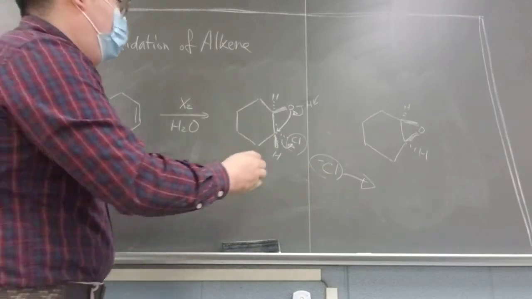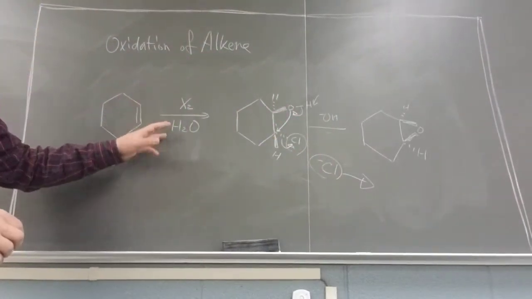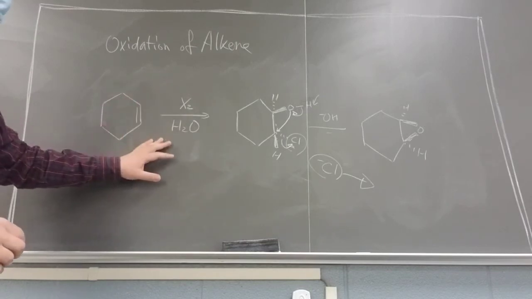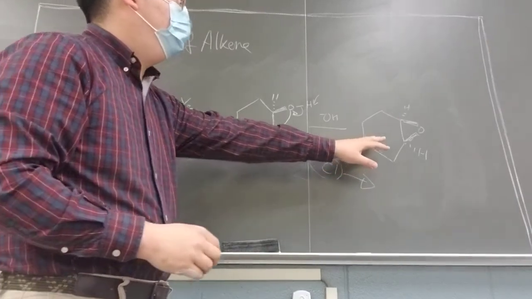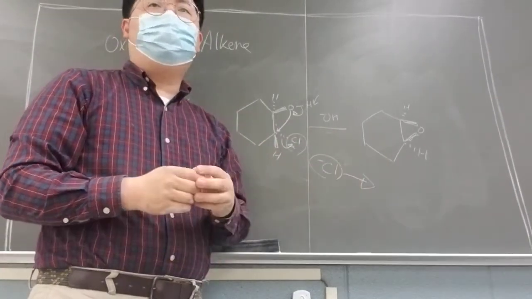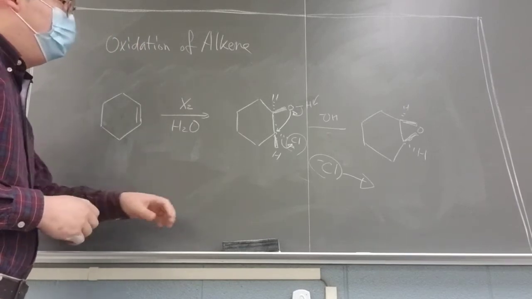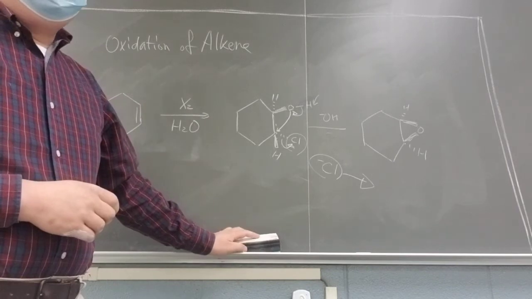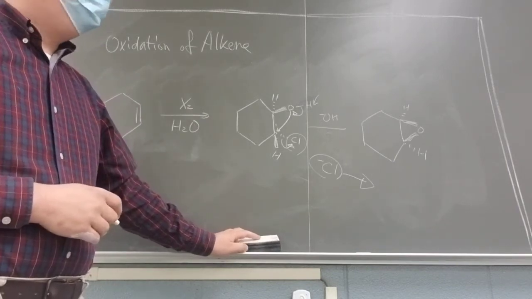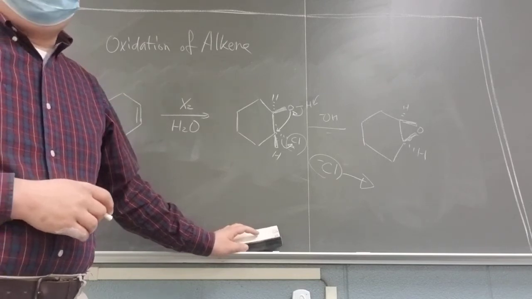So if you have halohydrin formation, and also you can do it with some basic conditions, you can also make the epoxide. Does it make sense? Okay.